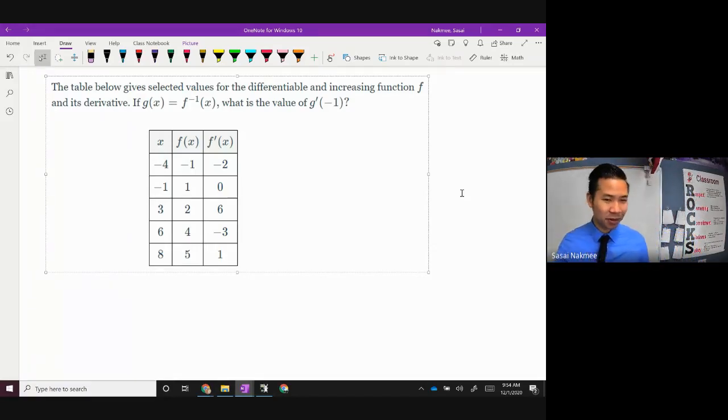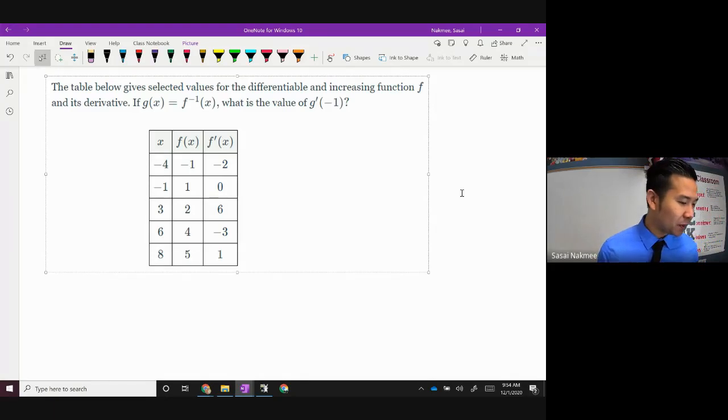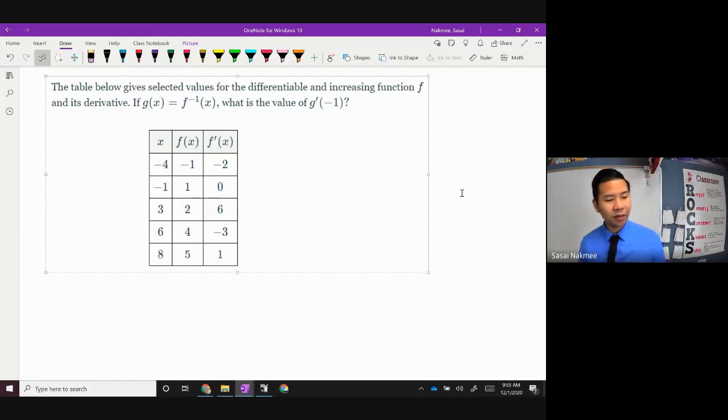The table below gives selected values for the differentiable and increasing function f and its derivative. If g of x is equal to the inverse of f of x, what is the value of g prime evaluated at -1?